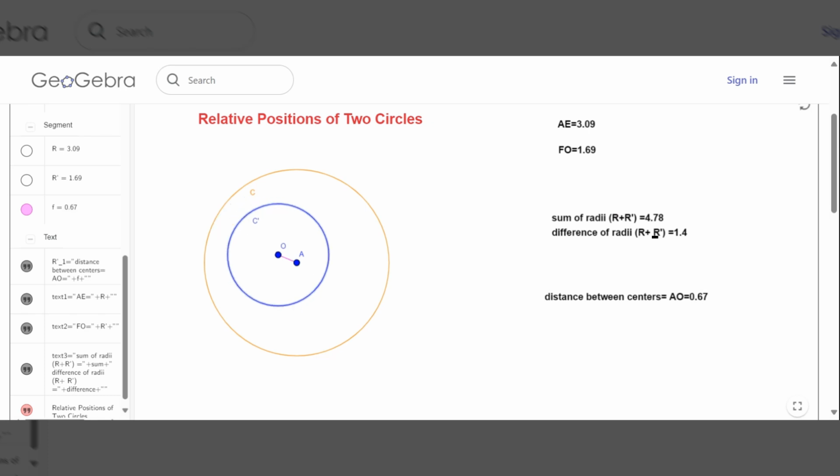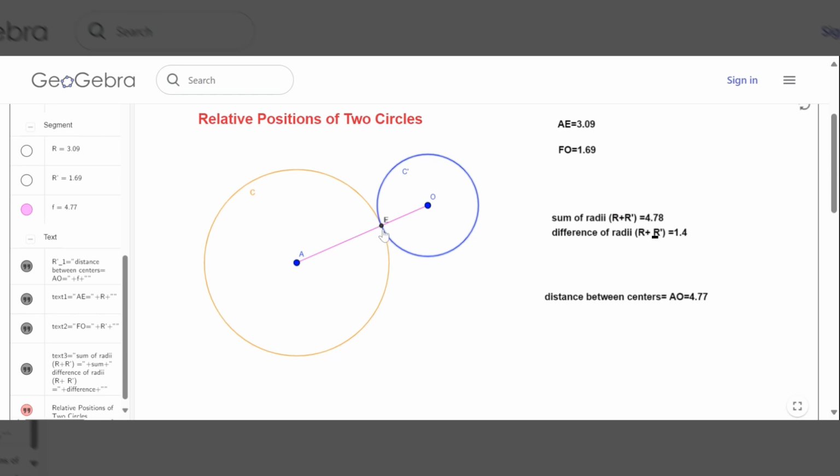If you want to say, teacher, they could touch each other. Yes, it's true. If they touch each other in one point, these two circles will be tangent, but internally from inside. These two circles could be also tangent externally from outside. Tangent means we have one common point.